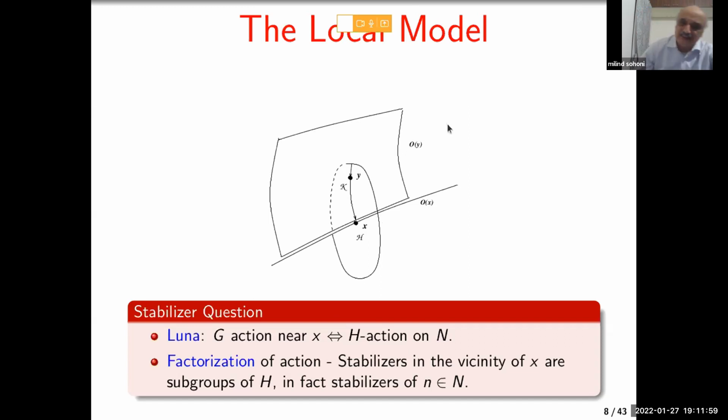And that tells us that the stabilizers within the vicinity of the orbit O_x, up to conjugation, lie within the stabilizer. So all K up to conjugation lies within H, and in fact K is the stabilizer of a particular point in N. So this is the Luna answer.